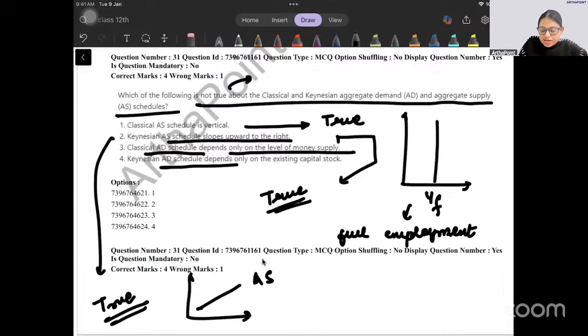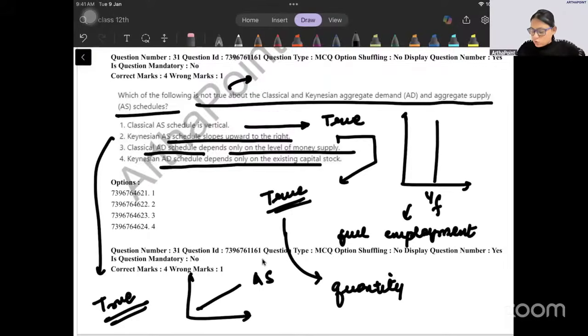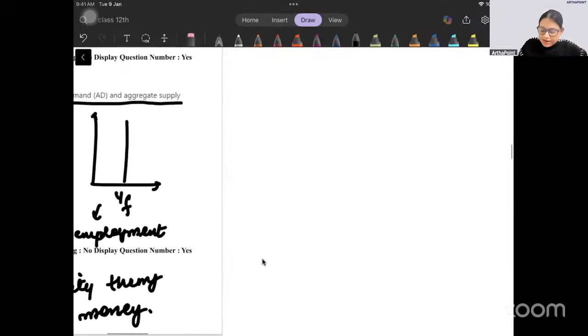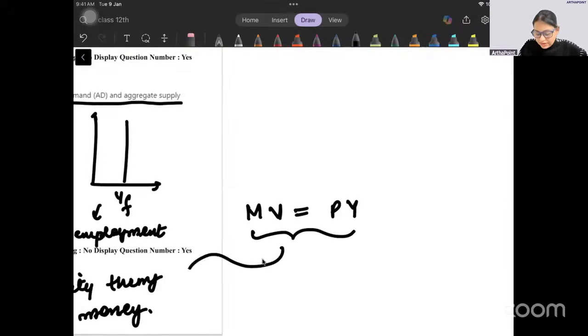Keynesian AD schedule depends on the, क्योंकि this comes from, I can write it here also. The AD schedule is formed through the quantity theory of money. Okay. So if I write MV = PY, this is helping me derive the demand schedule also, right?